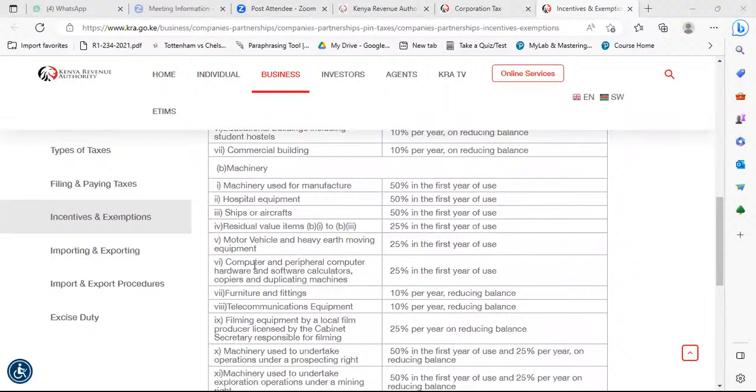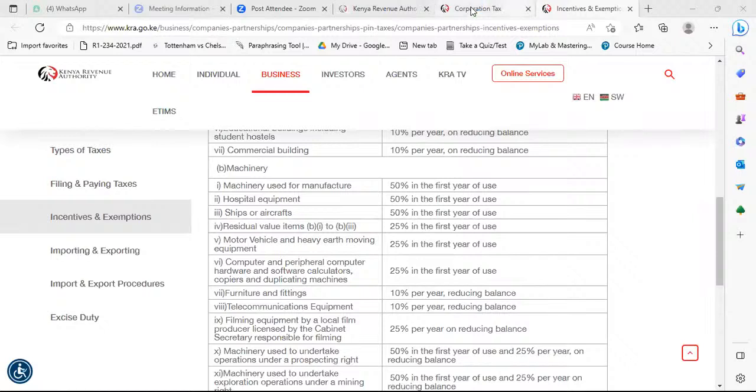So computer and peripheral computer hardware and software, calculators, copies or copiers and duplicating machines. The rate is 25% in the first year of use.